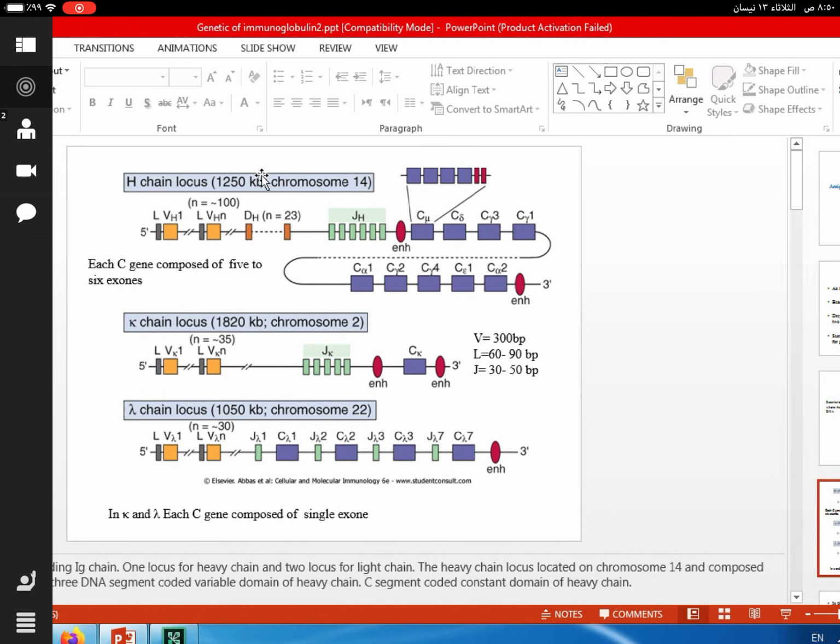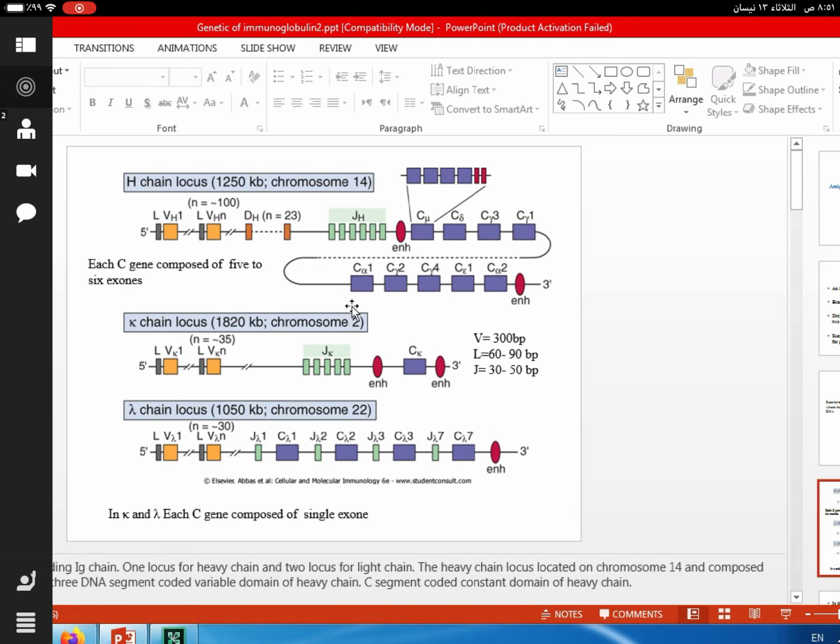In humans, there are 3 loci for coding immunoglobulin chains. One locus is located on chromosome 14 and is composed of 1250 kb. There are 2 loci for light chain.